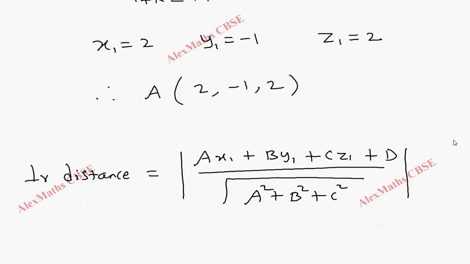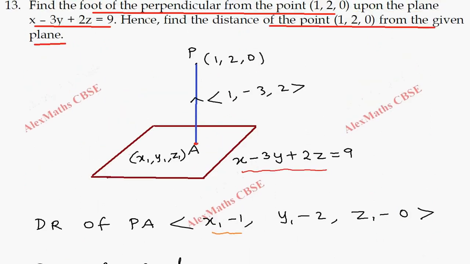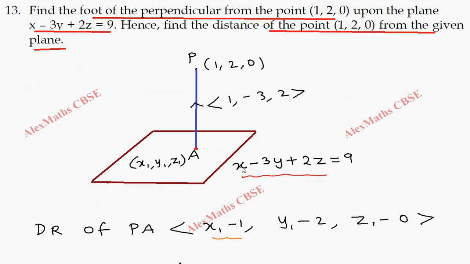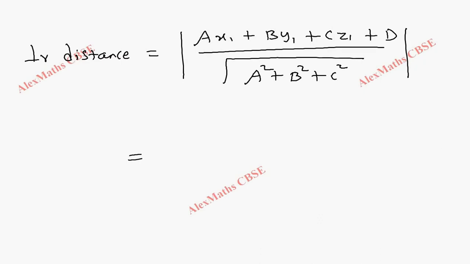But here we are going to use this, and here the a, b, c, d are from the plane equation x minus 3y plus 2z equal to 9. We take the coefficients of x, y, z and the constant term. Let's write it here before substitution. a, the coefficient of x, is 1.